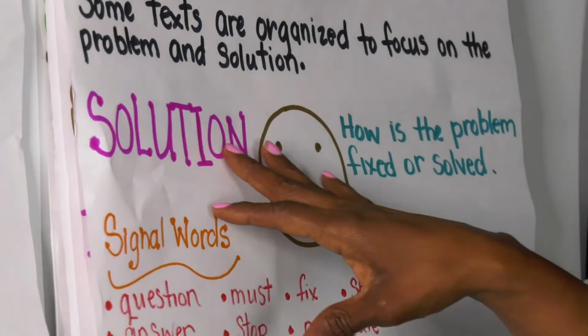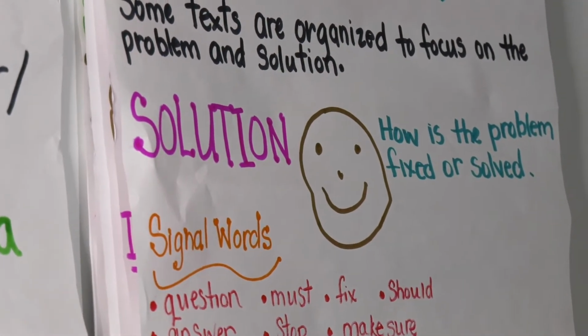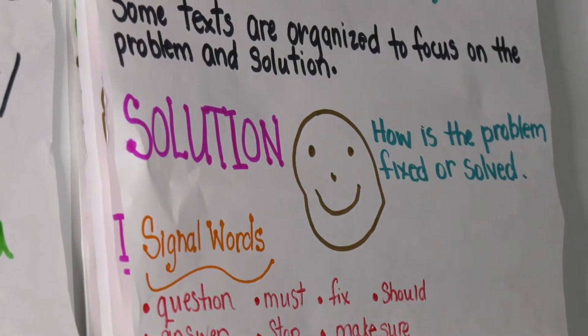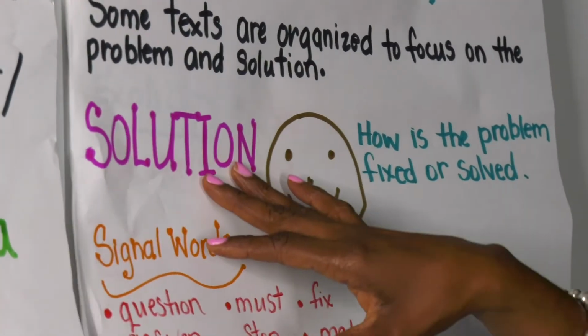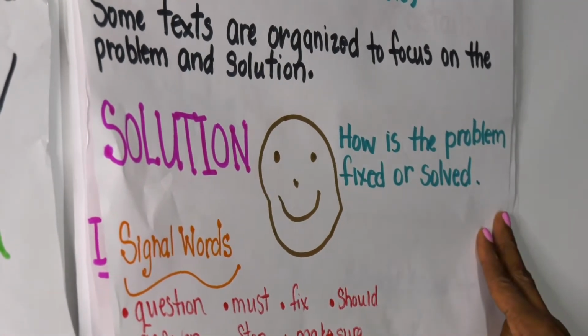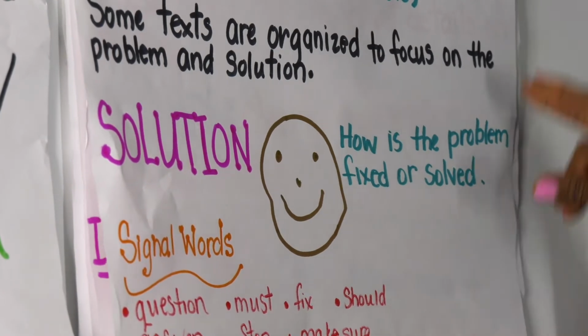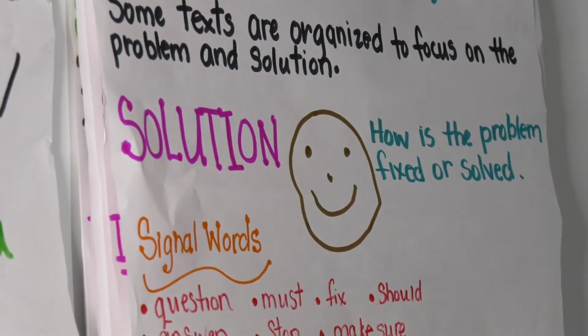If you take a look at my happy face right here, when we find the solution to our problems, we're excited, we're relaxed, we're calm. We can now go and enjoy ourselves, have a great evening. So the solution is how the problem is fixed or solved. You have the problem and you have the solution, and we're talking about informational text.